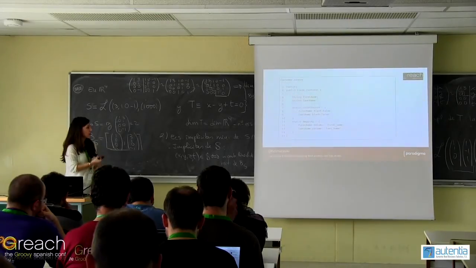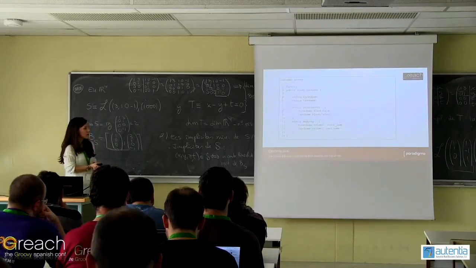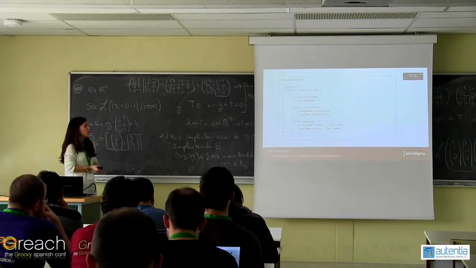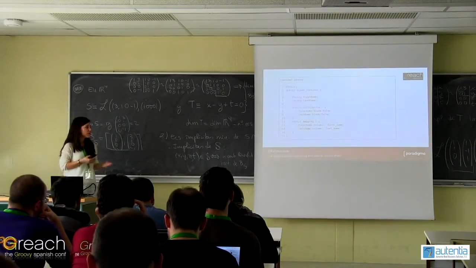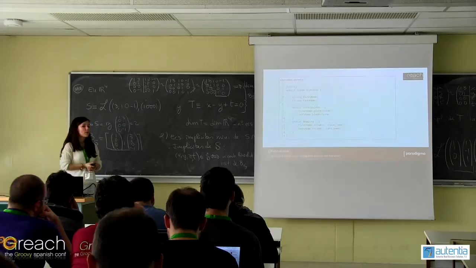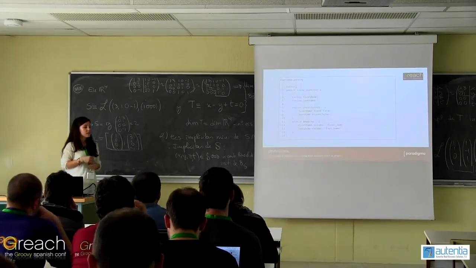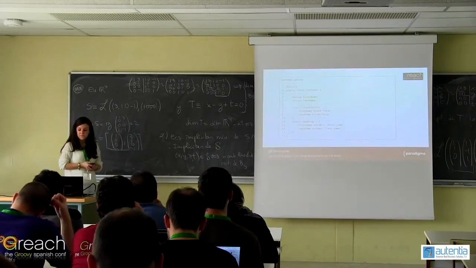For example, that the first name cannot be blank, or the last name cannot be blank, or the name of the column first name is like this, or the name of the table. And if you don't specify the name of the columns or the name of the table, this will be the same as the class.